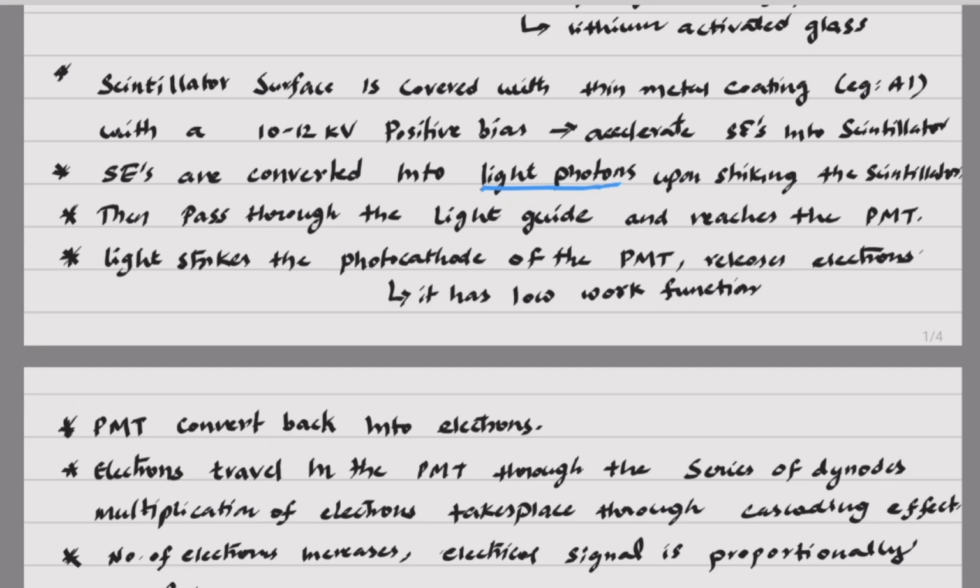It has a quartz window which separates the scintillator detector from the photomultiplier tube. Once this light reaches the photomultiplier tube, it has a photocathode. Once the light reaches the photocathode, because of its low work function, it will emit electrons.